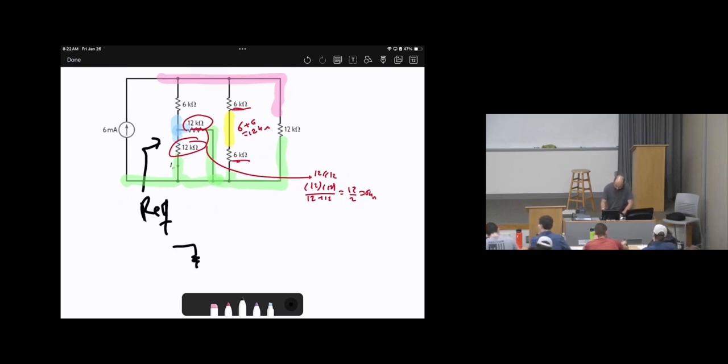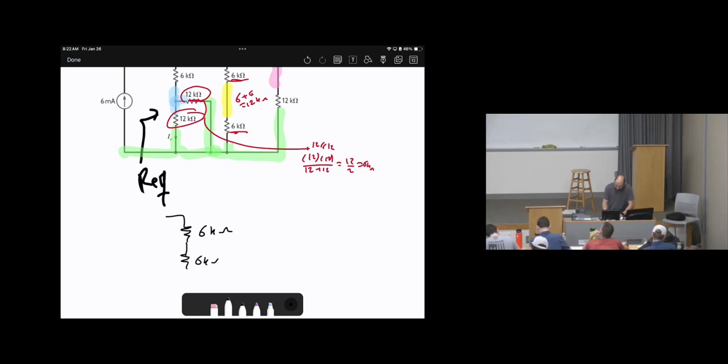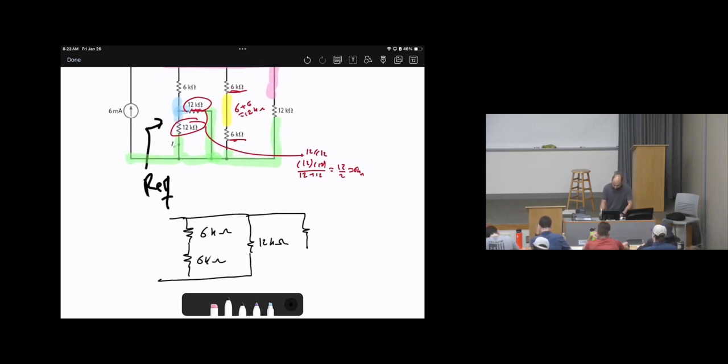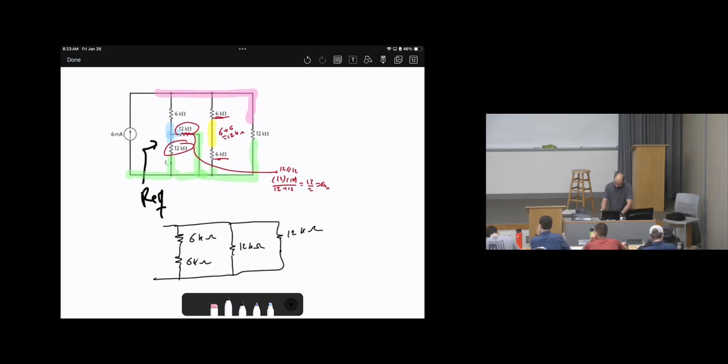So the next thing, I'm going to redraw the circuits and do these simplifications. So here, let me use 6 kilo ohms, 6 kilo ohms, 12 kilo ohms, here 12 kilo ohms. Okay? Label the nodes.